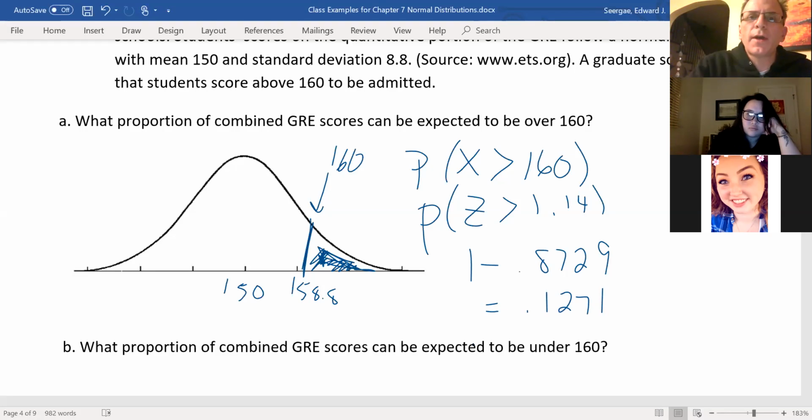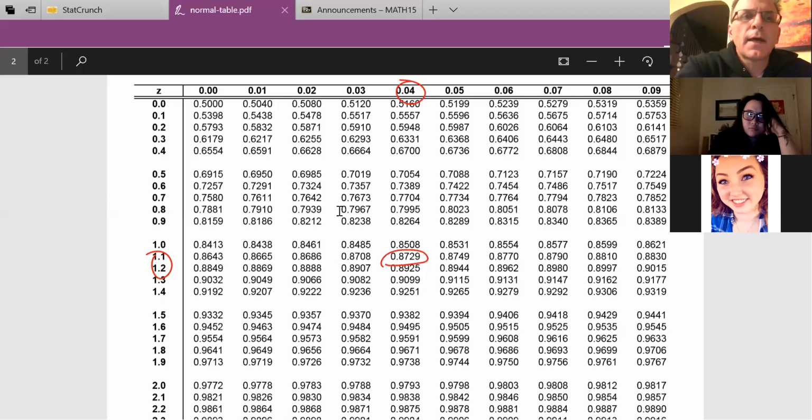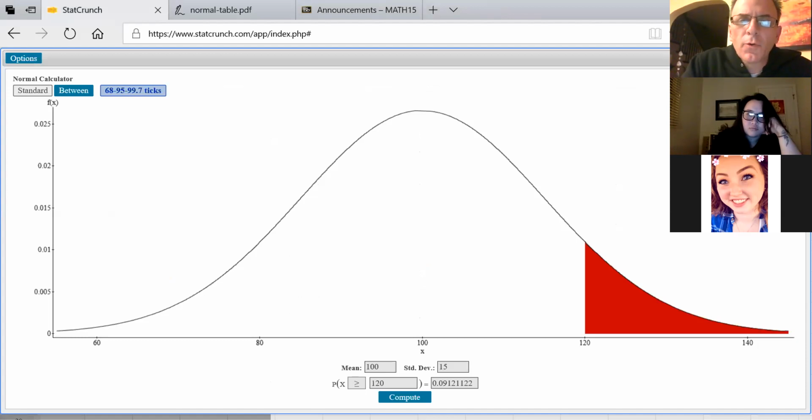Okay, let me show you how to do that in StatCrunch now, because again, most of you will probably have access to StatCrunch, and it'll be a lot easier to do that way. So I'm going to go back to StatCrunch. Okay. And in StatCrunch, we simply have to put in the mean.